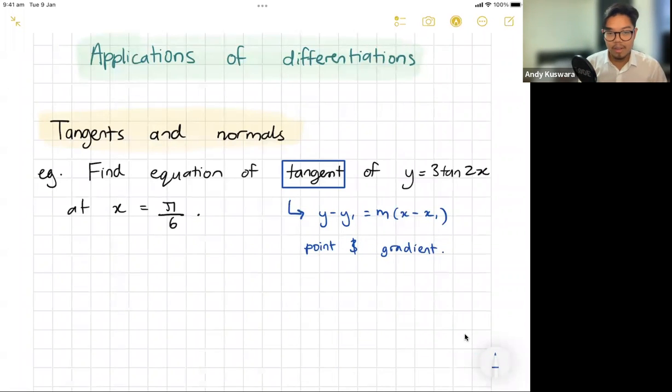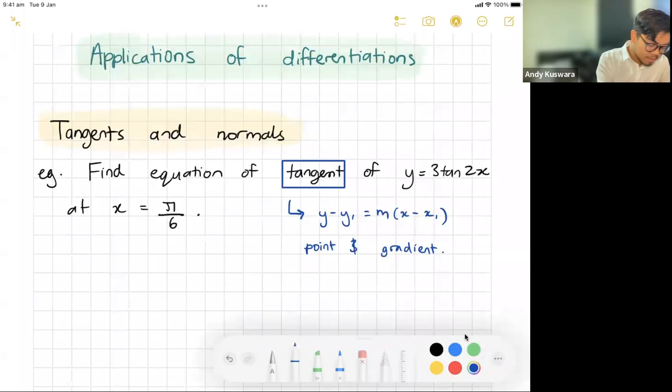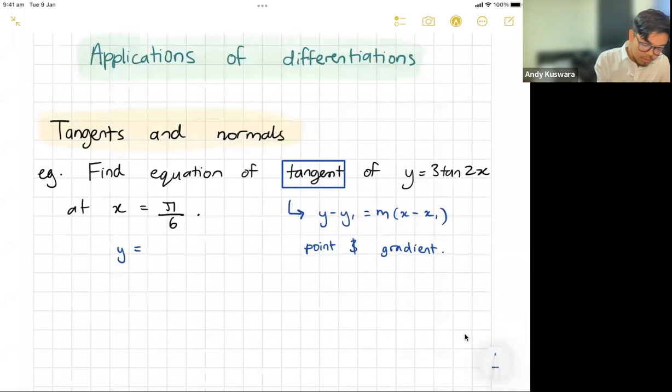Now I've got one x coordinate, and so let's start there. When x equals pi on 6, y equals... I'm just going to substitute it into my original. 3 tan 2 pi on 6, and so that's going to become 3 tan pi on 3.